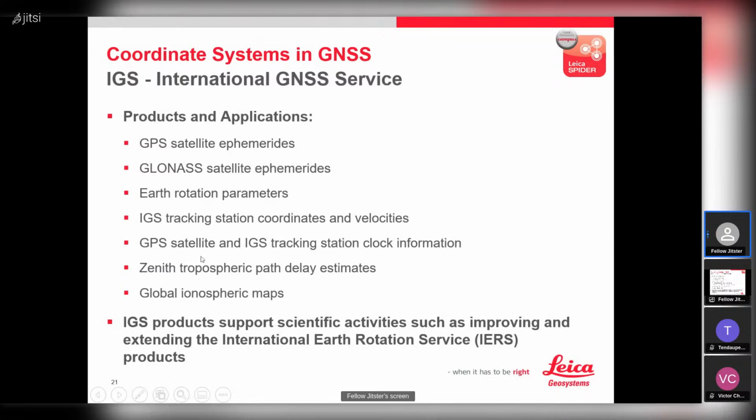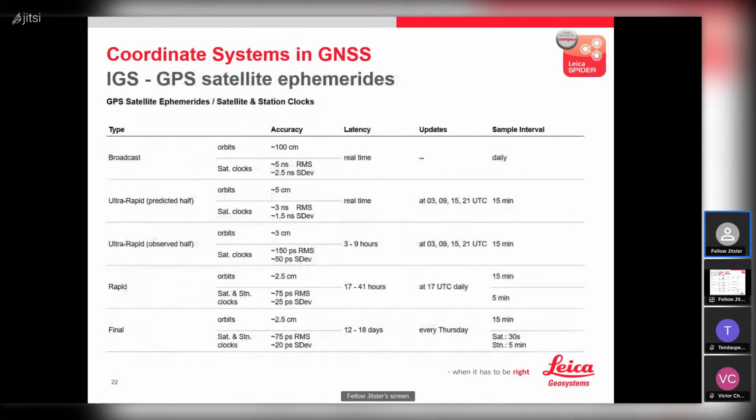These two organizations work closely together to provide, first of all, the realizations of coordinate systems, and also the precise ephemeris product. Here you can see the accuracy of precise ephemeris. We said that for the broadcast ephemeris the accuracy is about 100 centimeters, and the satellite clocks are modeled with about 5 nanoseconds accuracy.